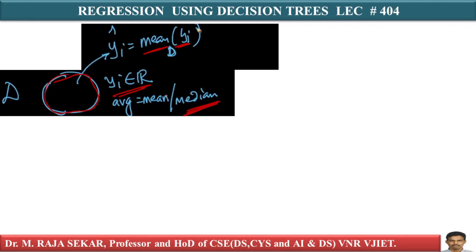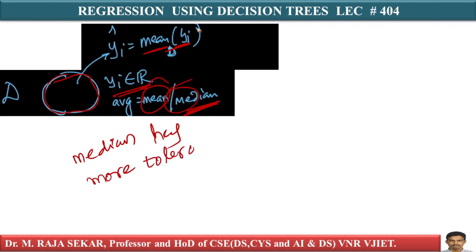For every point here, I will predict yi cap as the mean or median of the yi's in D. Of course, median has more tolerance of outliers. This we already discussed long back.